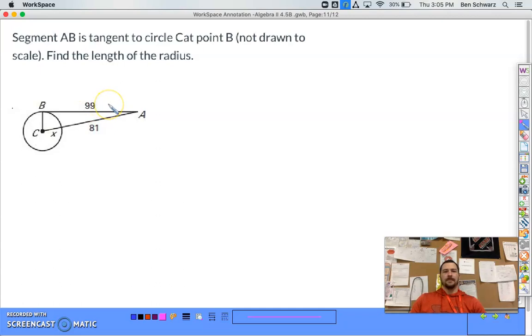All right, here we have AB is tangent to the circle, which means if it's tangent, we have a 90-degree angle here. We want to solve for x. Well, the radius is x, so we can call this x over here as well. And then it's just doing the Pythagorean theorem. So a squared plus b squared, x squared plus 99 squared, equals c squared, the hypotenuse. Well, the hypotenuse is 81 plus this x.